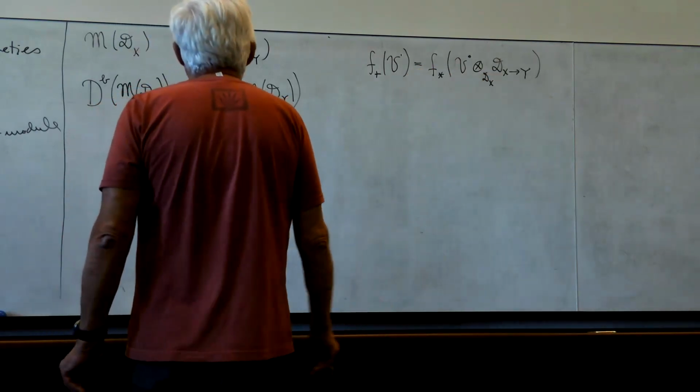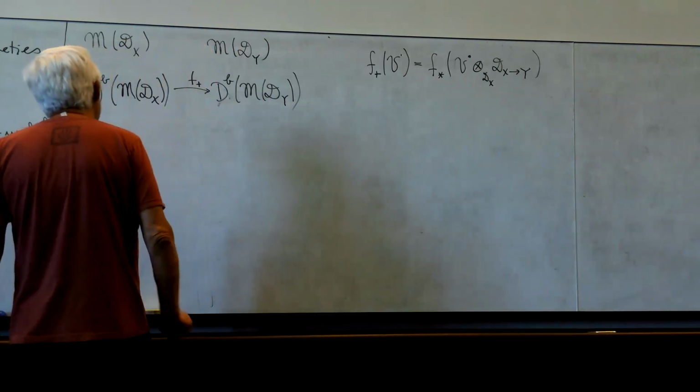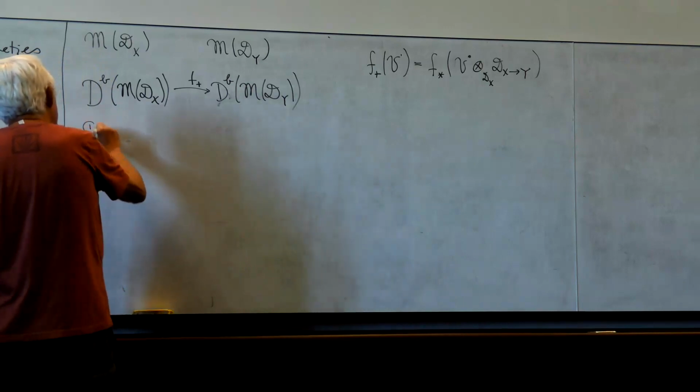And everything is fine. We get the functor here, and then we can check the following properties.